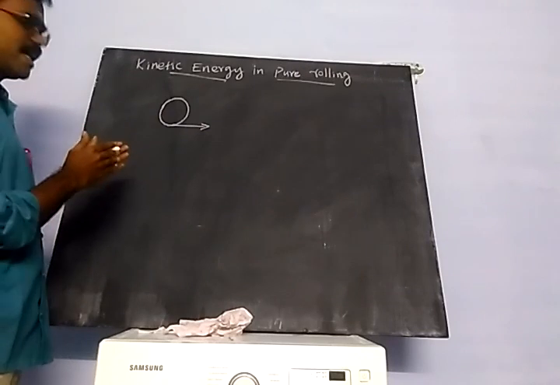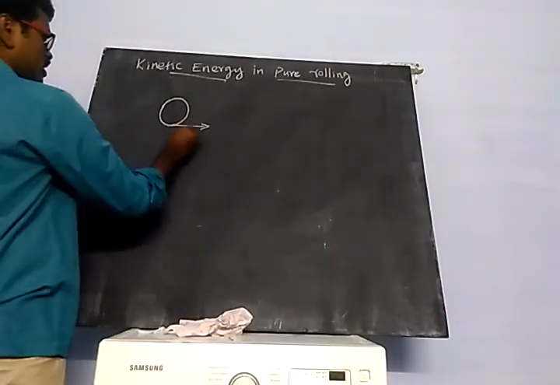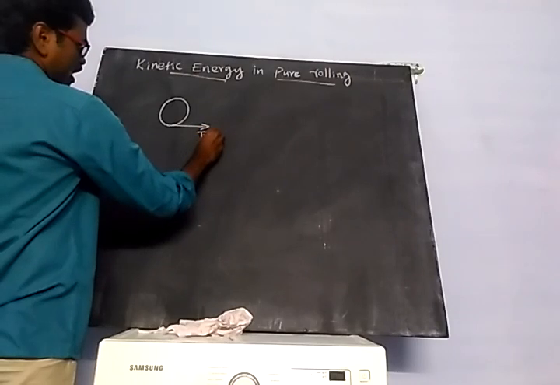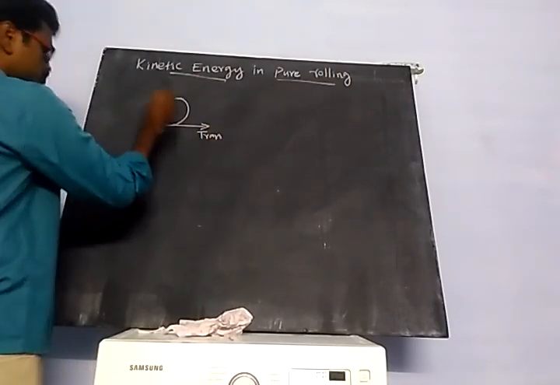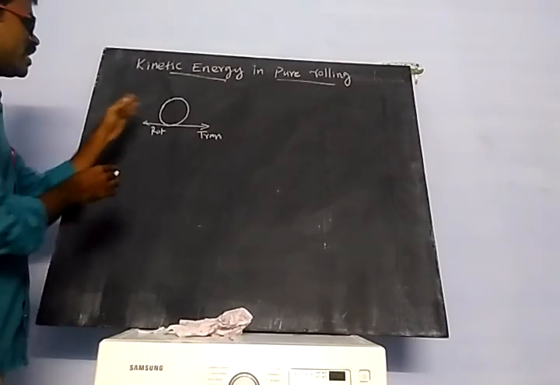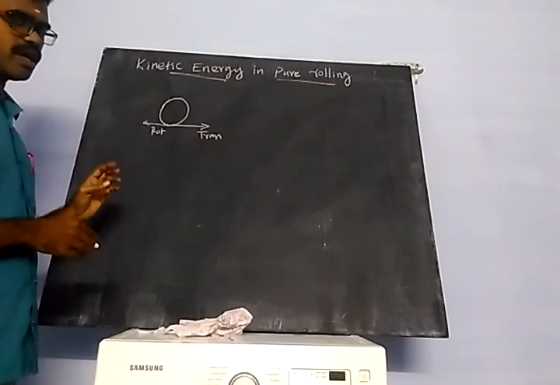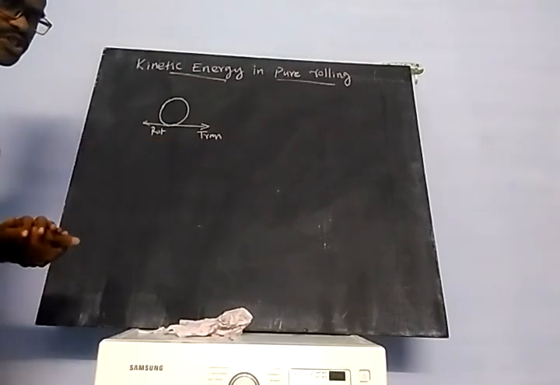So it contains two motions. What are those motions? Translational motion and rotational motion. There are two motions acting in that rolling.